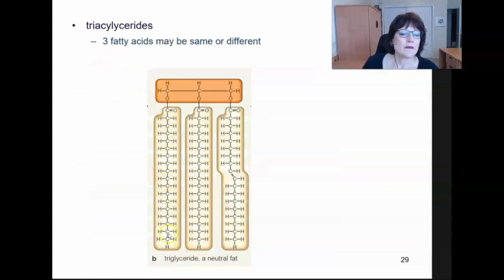The fatty acid chains attached to the glycerol backbone can be identical or similar, so they can be all the same, or they can have differences in the fatty acid group.